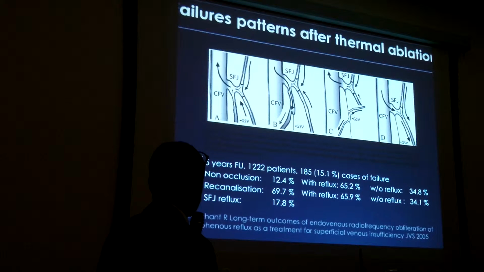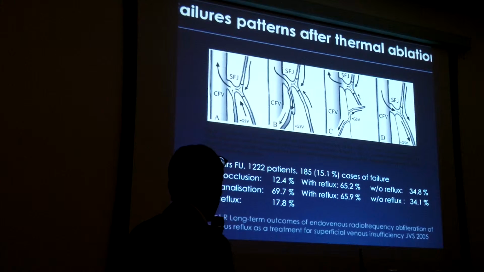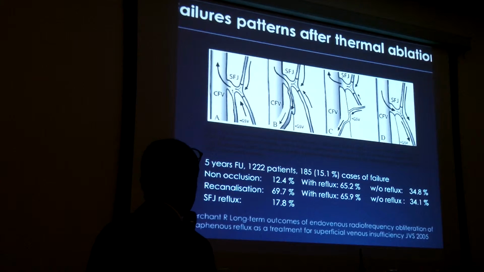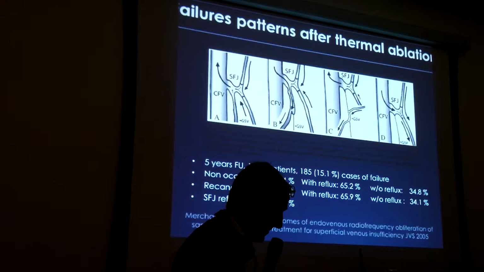It's a whole study. Now we have better success, but with the technique we used 10 years ago or 5 years ago, there were some cases of non-occlusion or reopening, and this is a systematization of the cases of failure we can see.